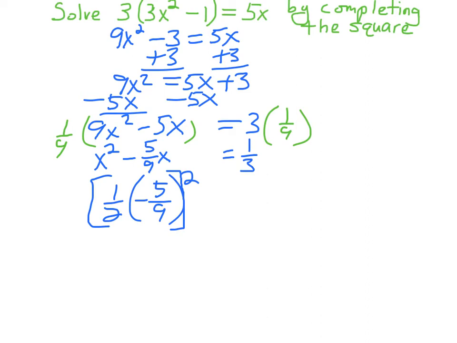So remember that 18 squared is 324. So I'm going to get 25/324 is what I'm going to get. So 25/324. And so that's what I'll add to both sides.